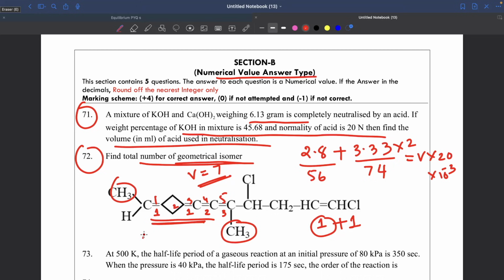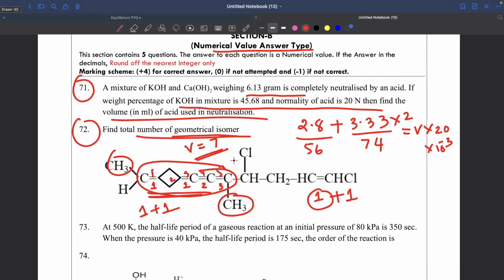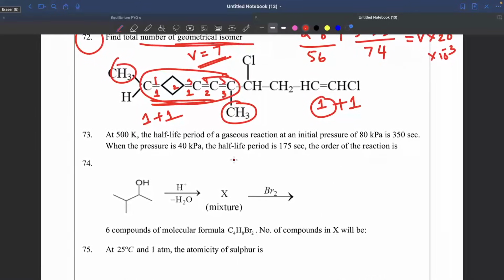So this is going to be 1 plus 1. Because of these rings, one is going to be cis, one is going to be trans. So the total number of geometrical isomers, the answer should be 4. 4 is the answer. Yeah, we'll go to the next question.